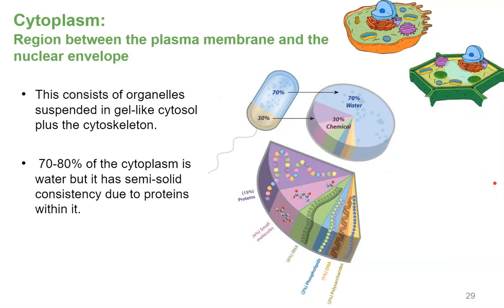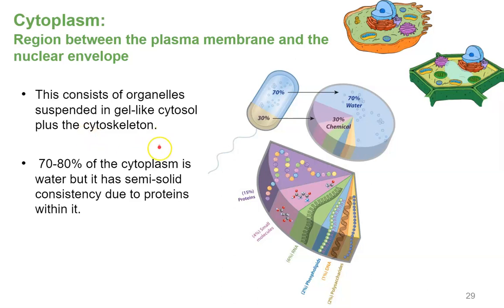All right, cytoplasm. So again, found in both types of cells. It is the region between the plasma membrane and the nuclear envelope. So in this cell, it's all the green stuff and all the yellow stuff in that cell. So it consists of a gel-like substance called cytosol, and then it's also all the things embedded in the cytosol, including the cytoskeleton.